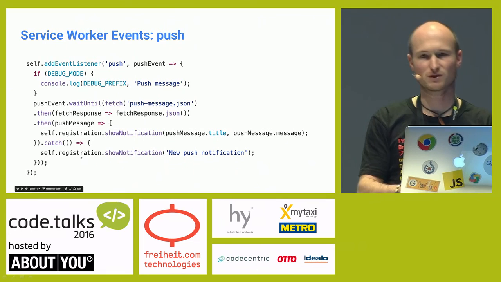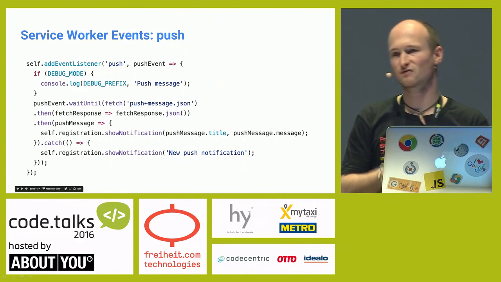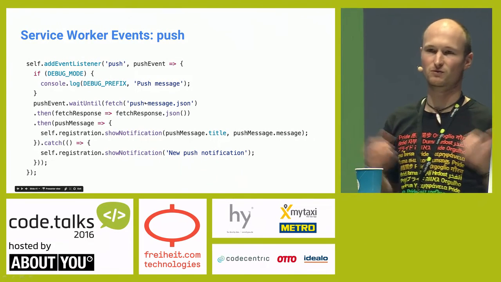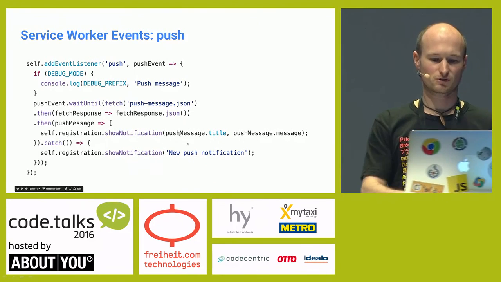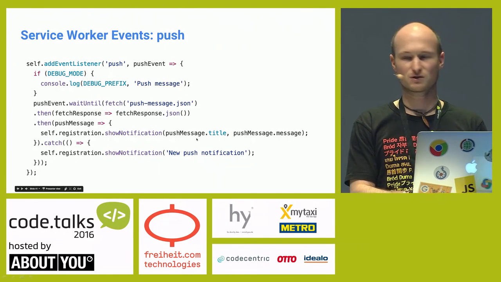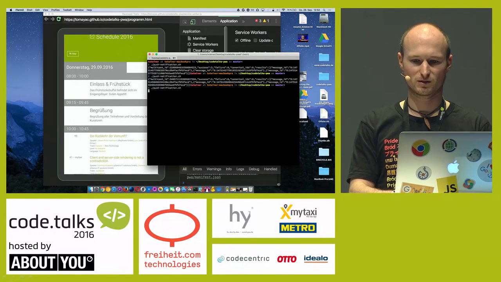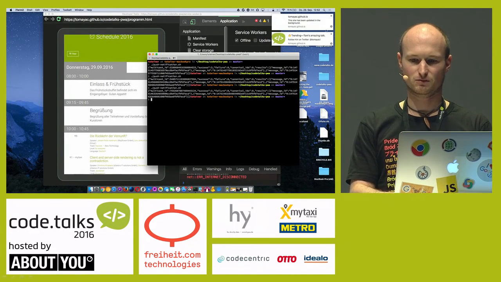And then just some fallback in case something happens. So if this API doesn't respond, if push-message.json is down for some reason, that you could still show, well, there was some new push notification, so some fallback. But in general, what this would display is, well, the thing that you have seen so many times now, this one.